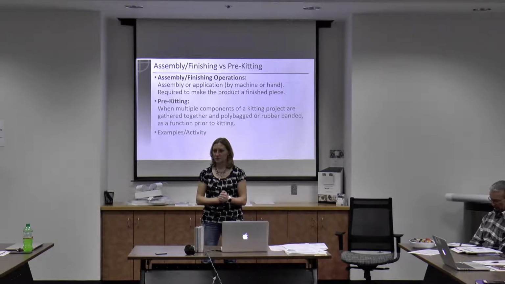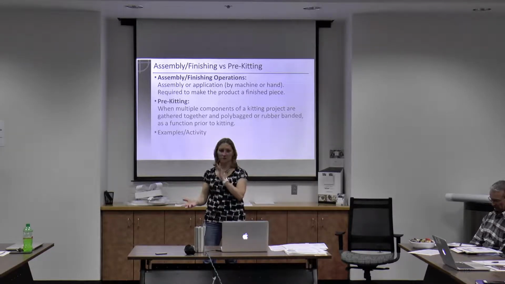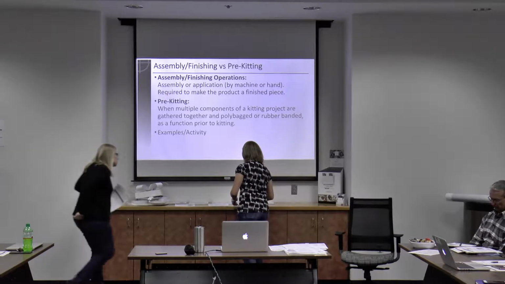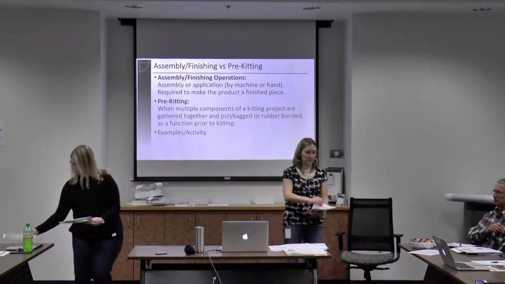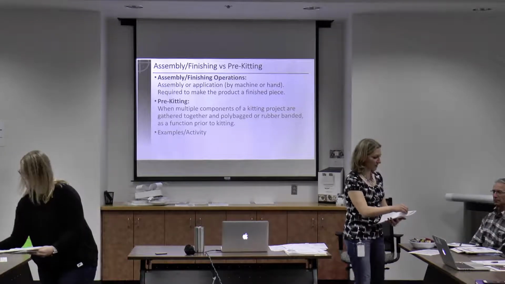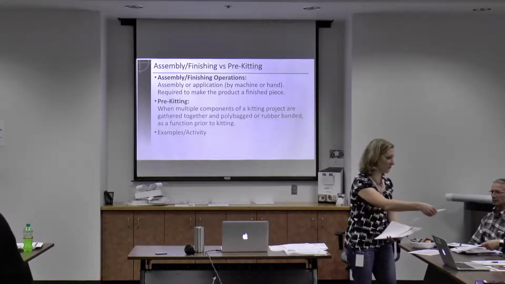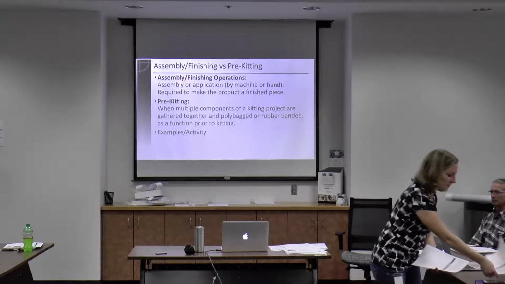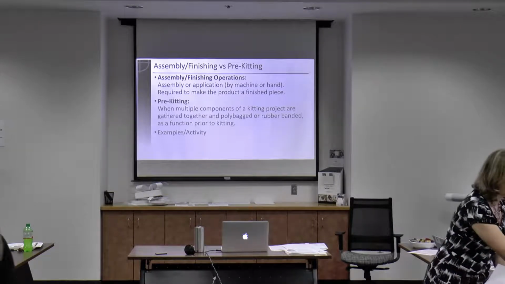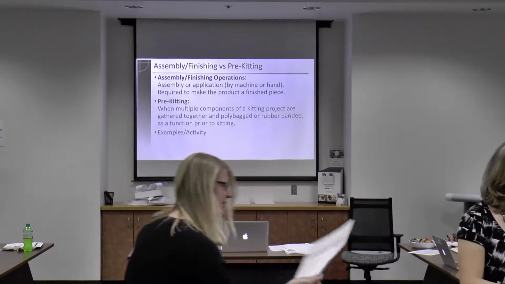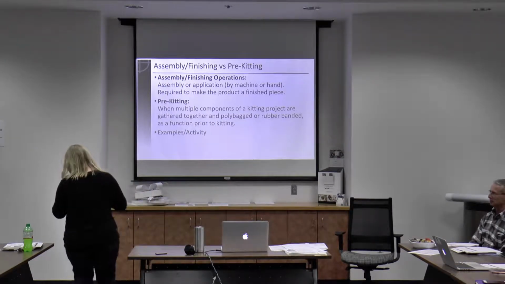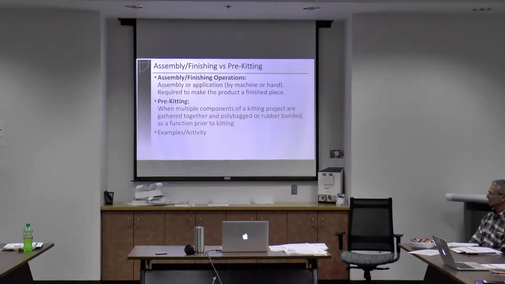So right now we're going to do a small activity. Bonnie's going to be my Vanna White here and help out with this, but I'm going to go around and hand out a sheet for you. You have two blanks for every item that we're going to show you. Bonnie's going to show you an example of a piece. In these two different spots, you're going to fill out whether it's pre-kitting or assembly/finishing, and also where you think the instructions need to be written for kitting.